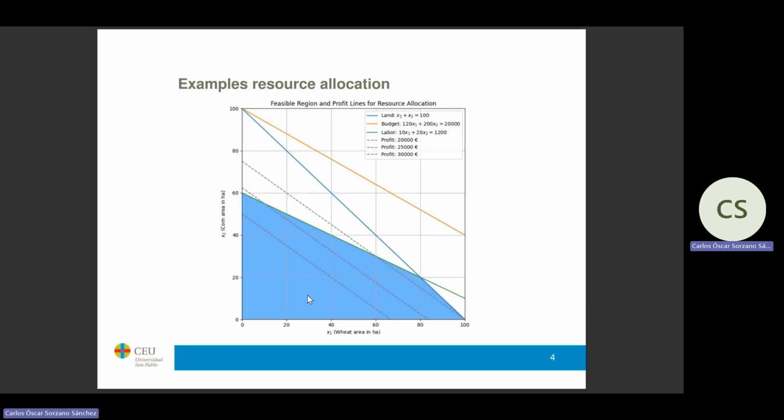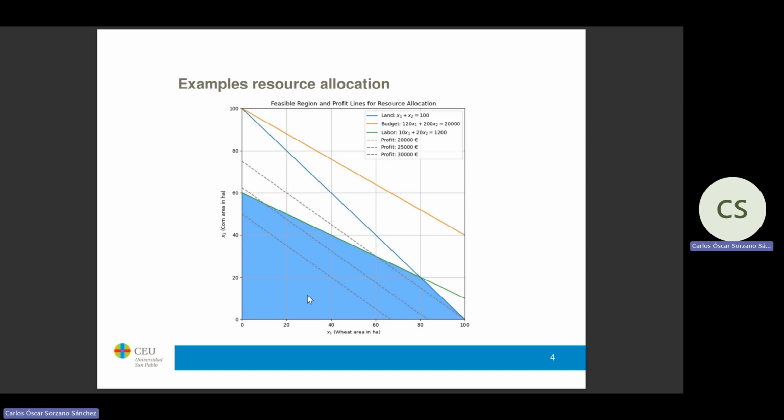This was the constraint of the budget. If I give you more or less budget, it does not affect the solution, because you are not constrained by budget. You're constrained by land and by labor. You see, this optimal solution is not on the border of the budget.